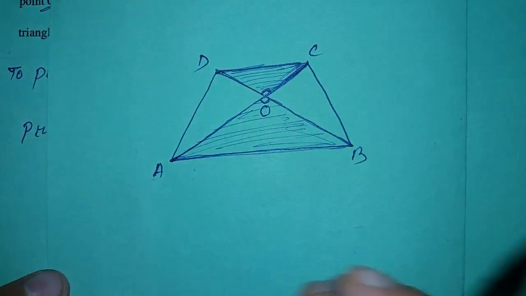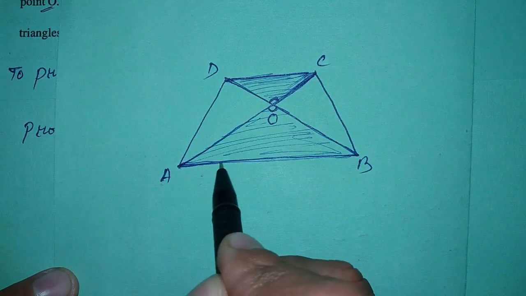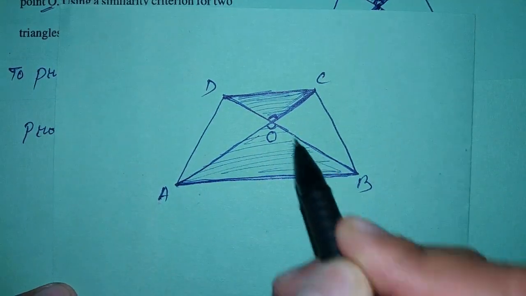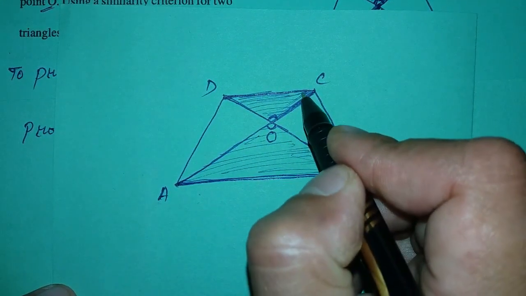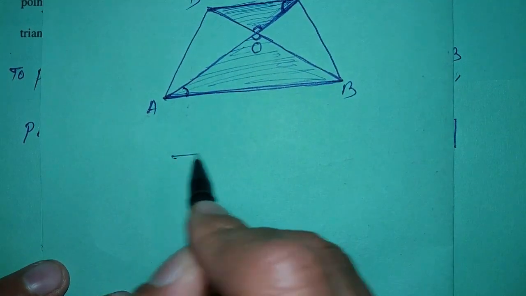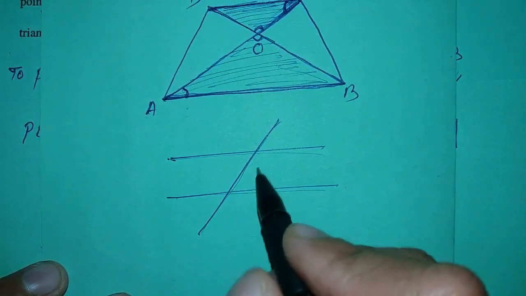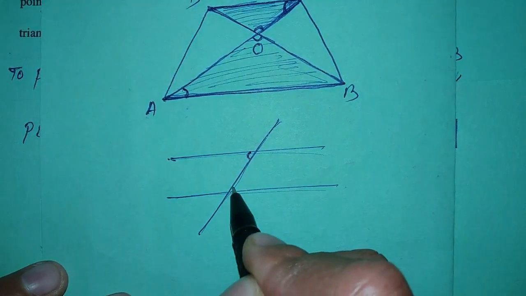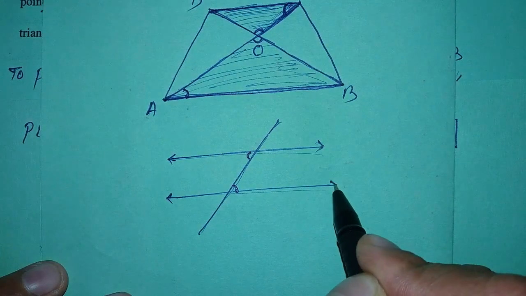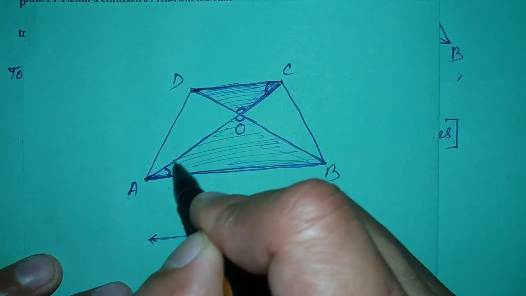Now this is our figure here. According to the question, the line AB and line CD are parallel. Now since these two lines are parallel, the alternate angles will be equal. Recall, these are two parallel lines and this is a transversal. These two alternate angles are equal when the two lines are parallel. So in our figure, these are two parallel lines and this is the transversal.